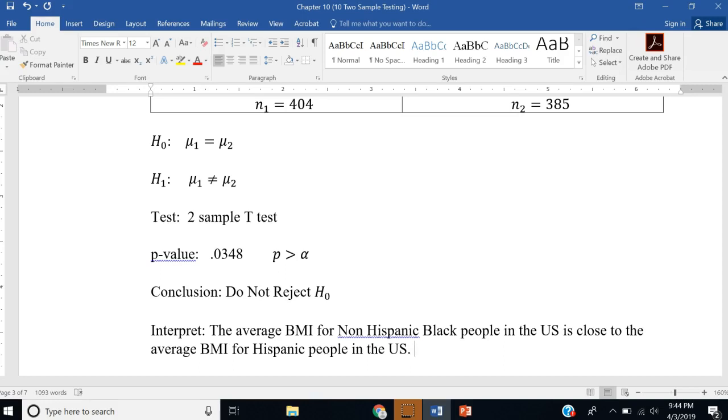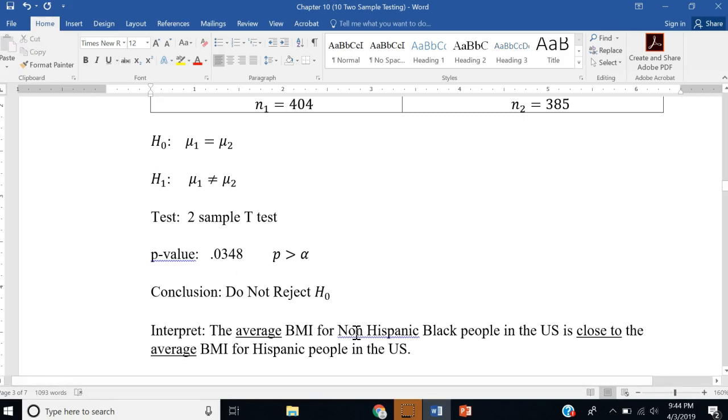So it's going to be a slightly longer statement, but it's pretty much the same as what we had in previous chapters. Again, we're talking about averages. That's important. Average of one group is close to the average for the other group.